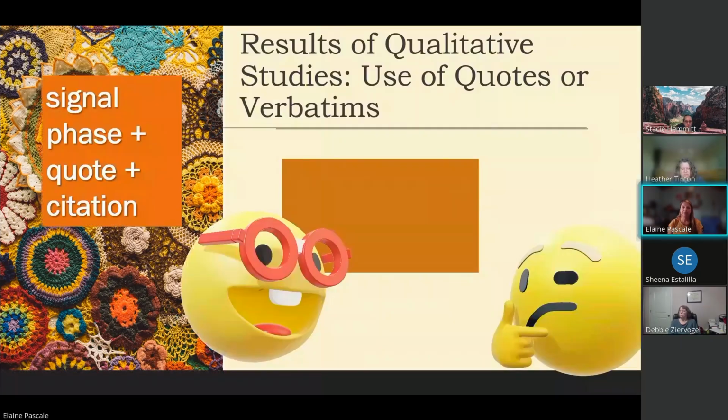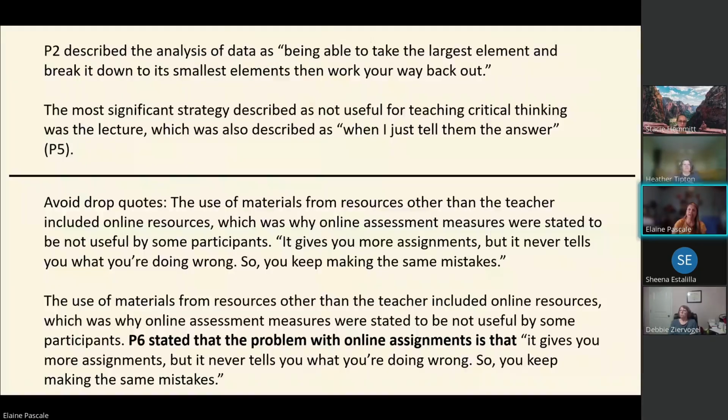And then to support these themes, you're going to bring in quotations from the participants, which we call verbatims when you're talking about research. And just like any other quote, they're going to have a signal phrase that introduces them, the quote, and the citation. But the citation will look a little different than it does when you're citing from research.